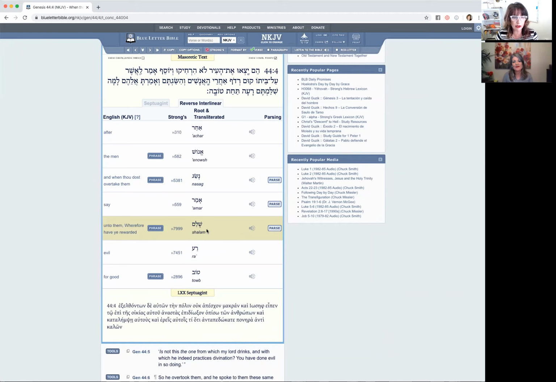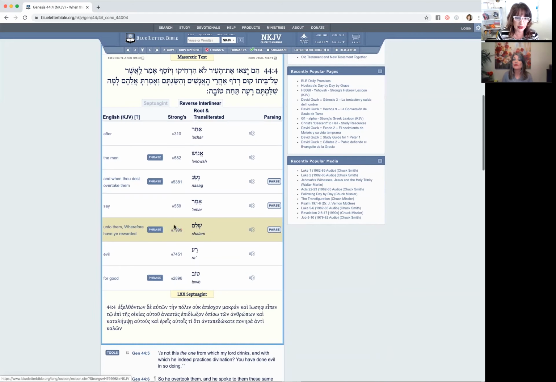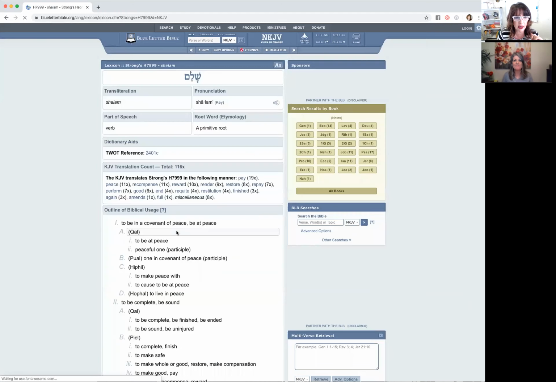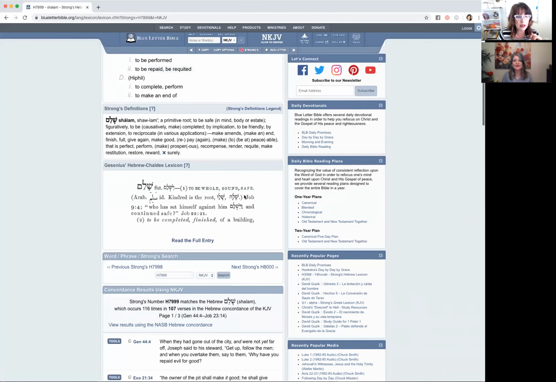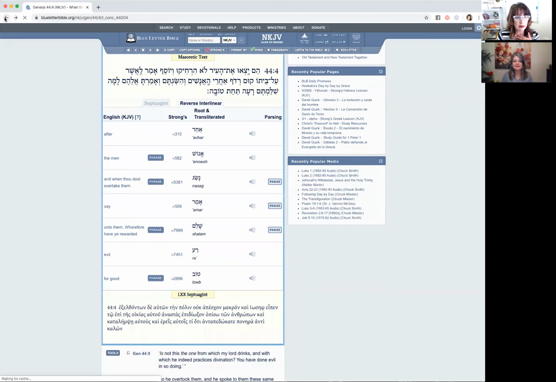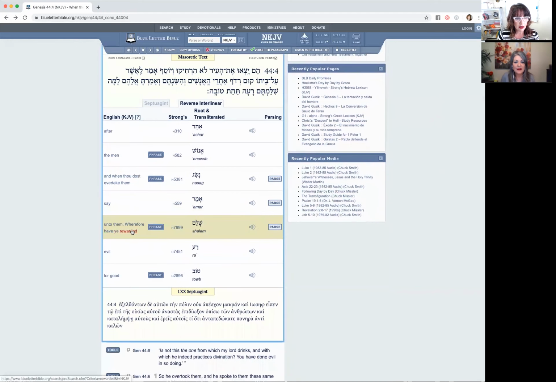So again, if we were here and thought, oh, I forgot what shalom meant again, you would click here where it says Hebrews 7999, and you go back down to your lexicon, and remember the first one where it's all capitals: to be whole, sound, and safe. You can click your back button and say how. Then you can say after the men, and then they overtake them. Say to them, unto them, wherefore have ye rewarded, or where have you made them sound and complete?